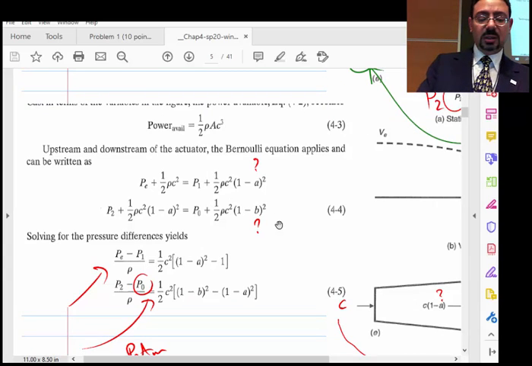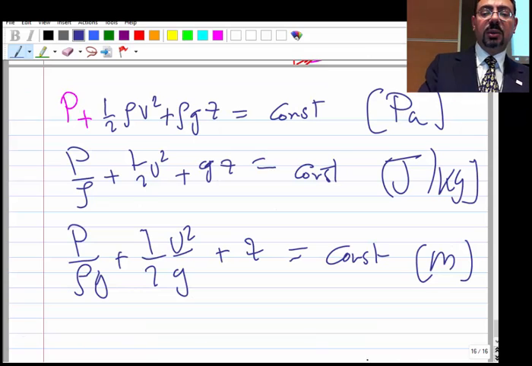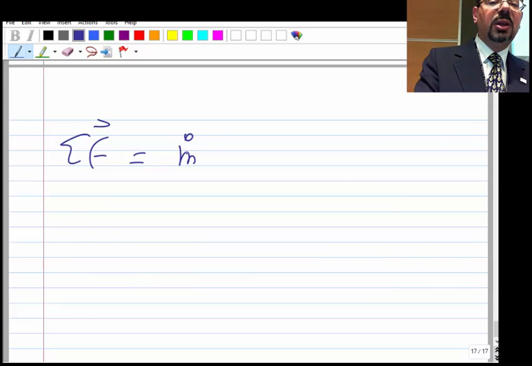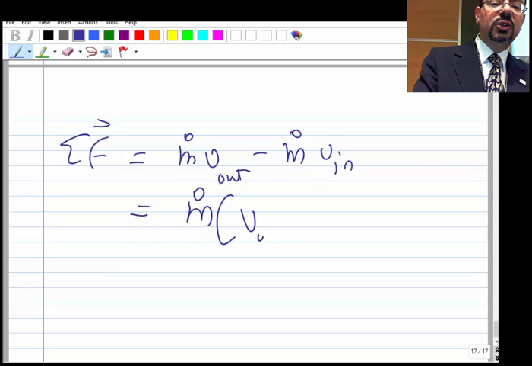Momentum equation. What does the momentum equation look like? Sigma of the forces equals m dot v out minus m dot v in. And if it's the same m dot, you just write v out minus v in. Right? And that's the summation of the forces.